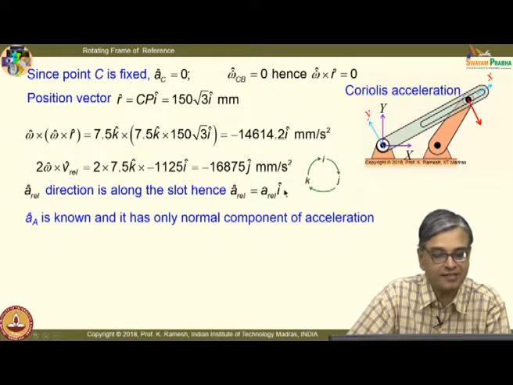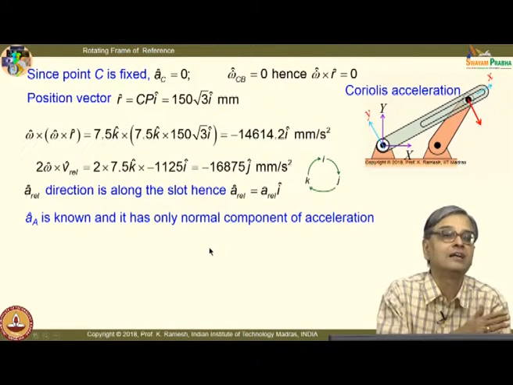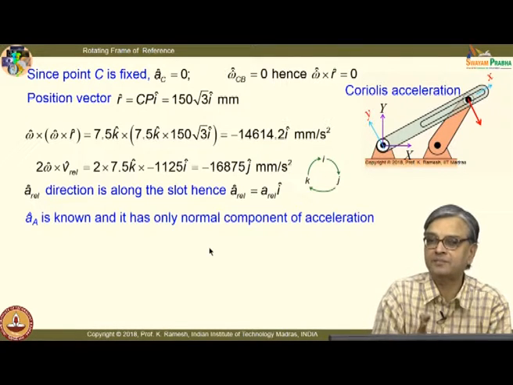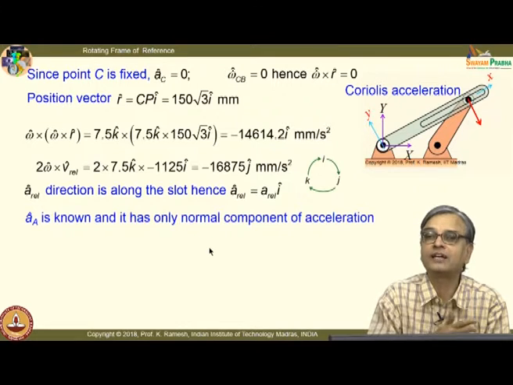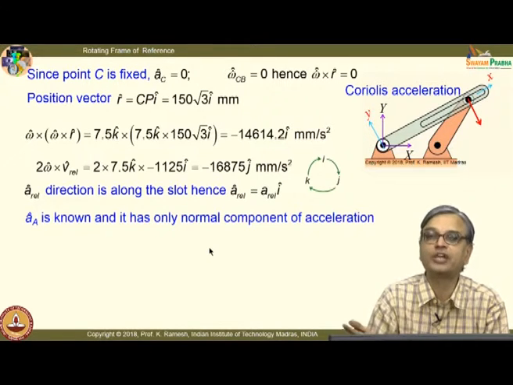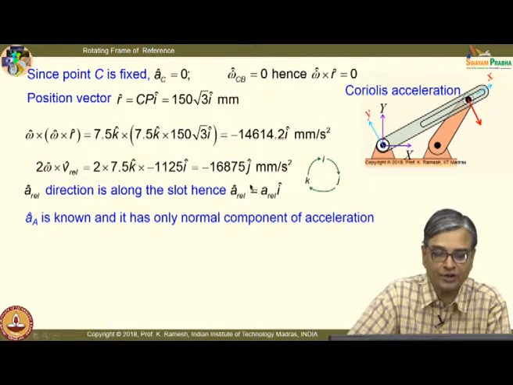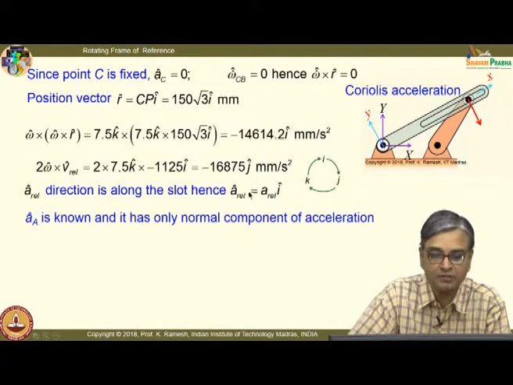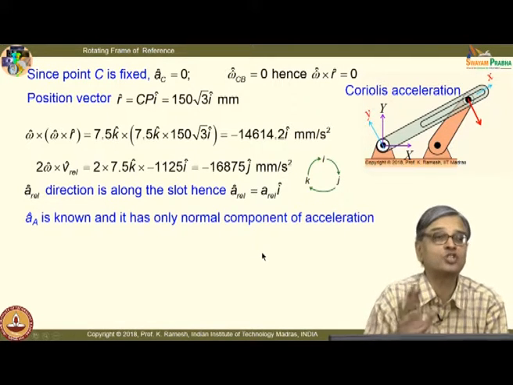Once you say this, your mathematics can help you to solve it, because I would have grouping i terms and j terms, and I would be able to calculate the value of quantities that are associated with i and j. So, a person sitting on the rotating frame of reference would observe the acceleration dictated by the slot.